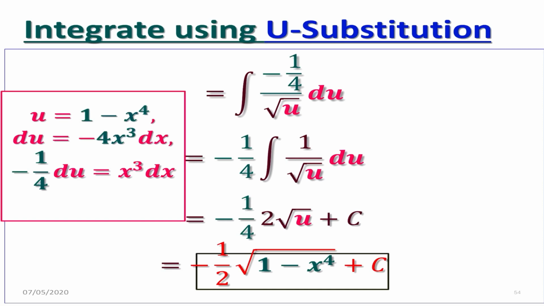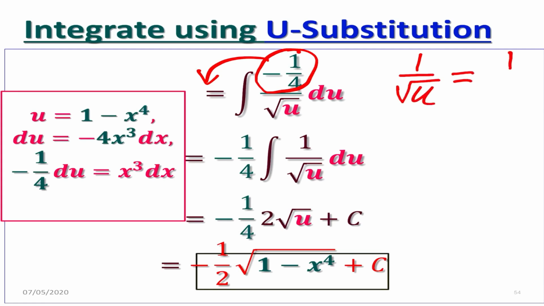All right, first of all, let's pull out negative a quarter outside of the integral to make it easier. Now we have to integrate 1 over root of u. So remember, in order to fit it in the table of integrals, we want to change your root into a power. And since the root appears to be in the bottom, we want to bring it up. So remember, the square root indicates a half power. And when we bring it up, your power becomes negative.